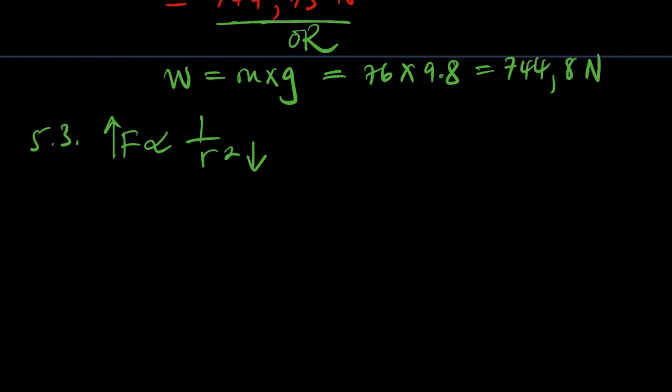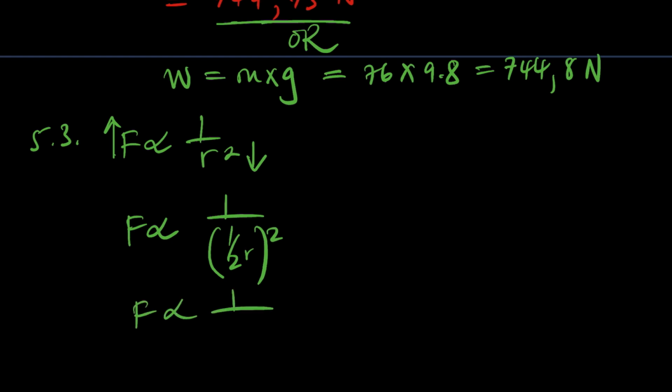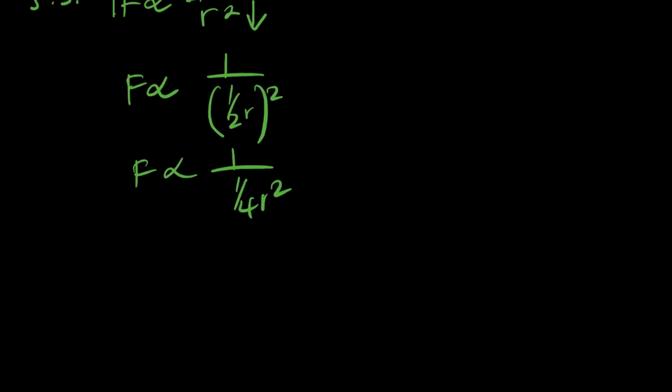But now let's look at that proportionality. What will be the new force if you halve the distance? When you halve the distance, you put half r squared there, so it will be 1 over 4r squared.